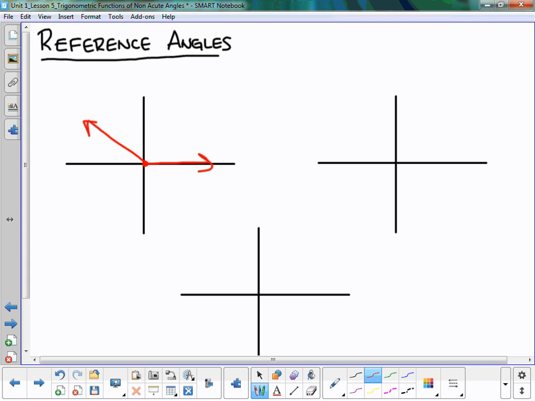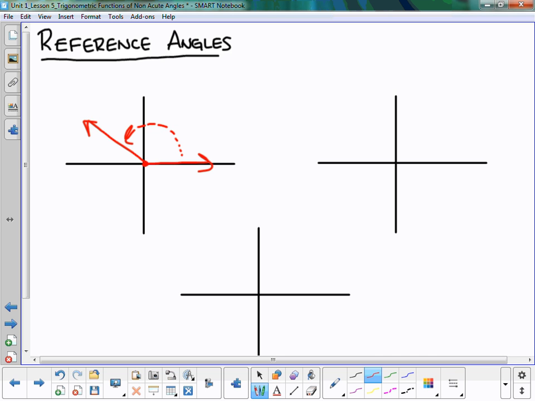So if we have an angle in standard position and it's not acute, so it's not less than 90, it's not in the first quadrant, we can find an acute angle that relates to this angle and use it to find our trig functions.